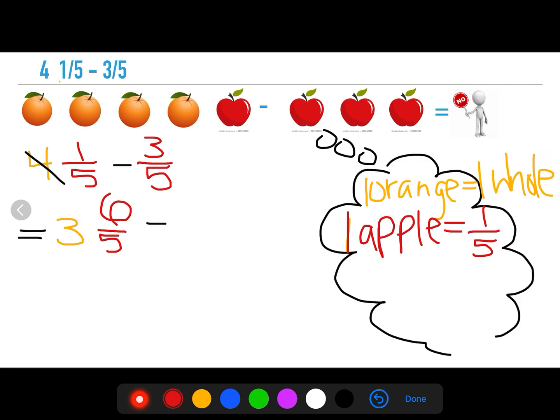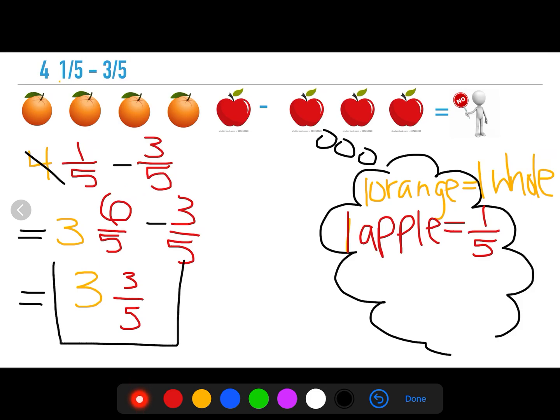Now, you guys, I'm able to take away 3/5 because I have enough fifths to do so. 6/5 minus 3/5 equals 3/5. And there's no other oranges or no other whole numbers that I can subtract. So I'm simply just going to bring down my 3 wholes. So 4 1/5 minus 3/5 equals 3 3/5.